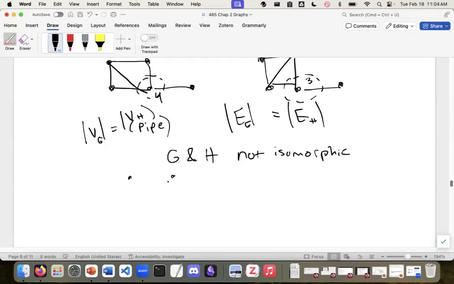So for example, let's say we've got U, V, W, and X. If we've got a graph like this, we can ditch the labels and move it around however we want to get what we call an unlabeled graph.